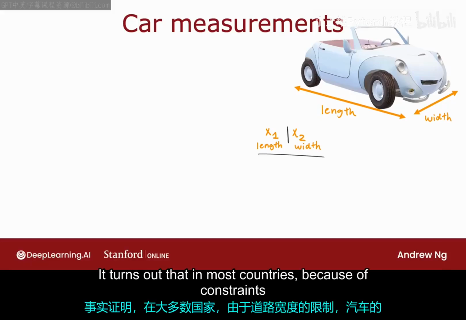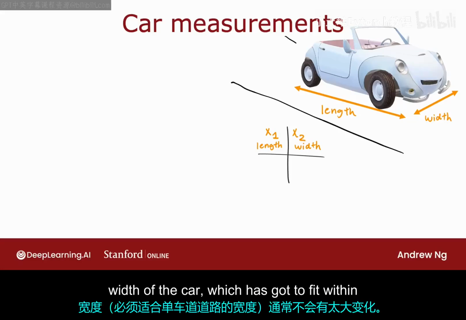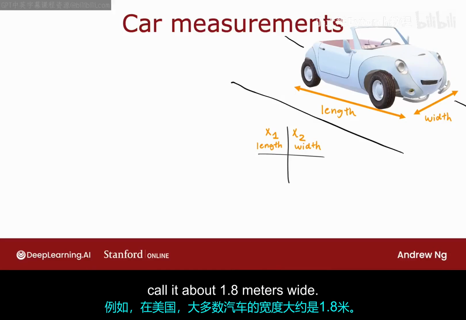It turns out that in most countries, because of constraints about the width of the road that cars drive on, the width of the car, which has got to fit within the width of the road of a single lane, tends not to vary that much. For example, in the United States, most cars are, let's call it about 1.8 meters wide.